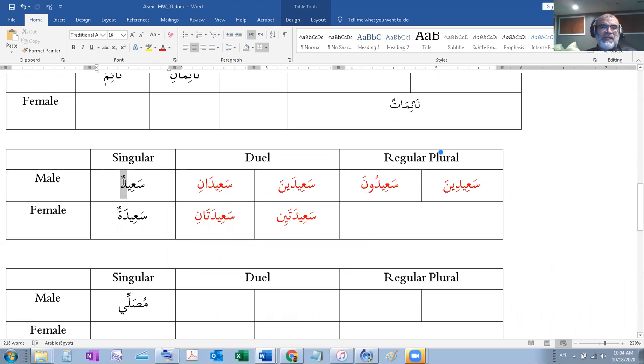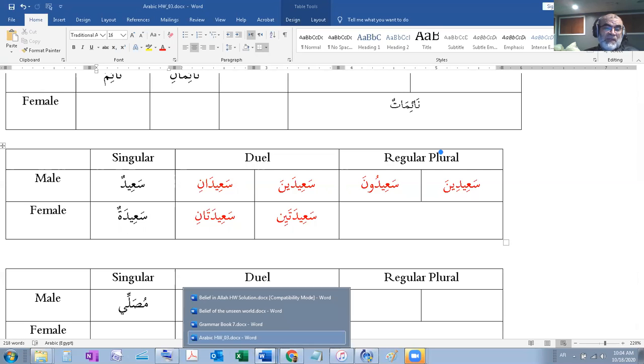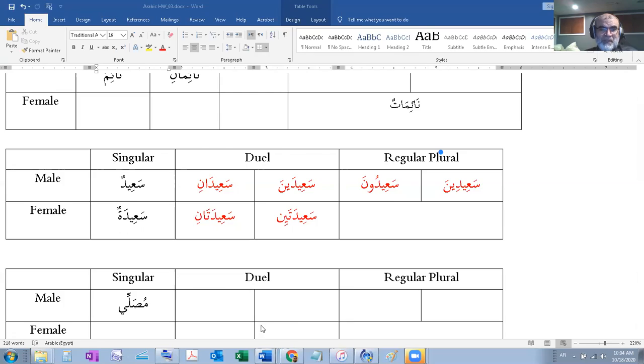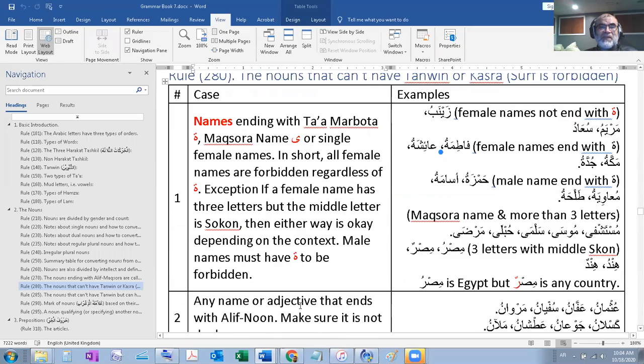So, of course, I can have 2 fathas or 2 kasras, depending on the form of i'rab, but the default that we're working with now is dhamma. Okay? Okay. Sa'idatun, one might say, okay, but Sa'idatun is a female noun. Happy woman is a female noun.